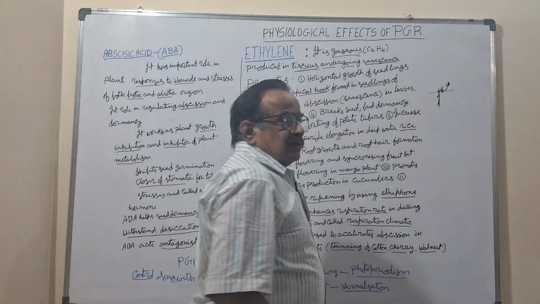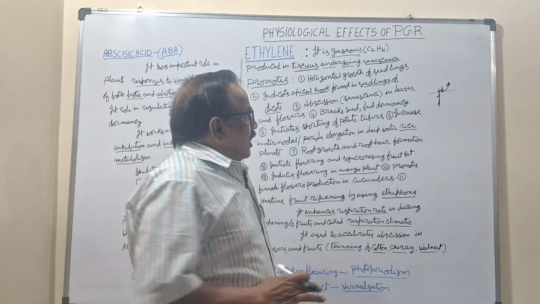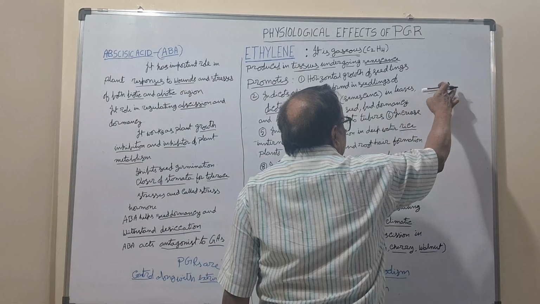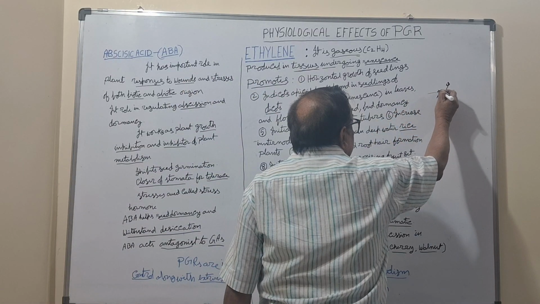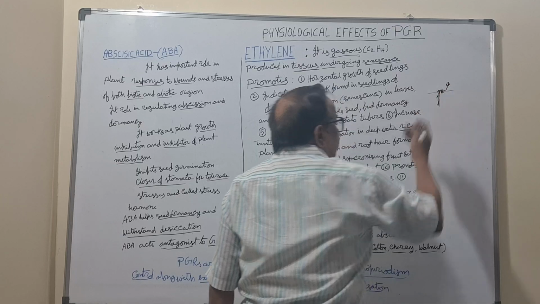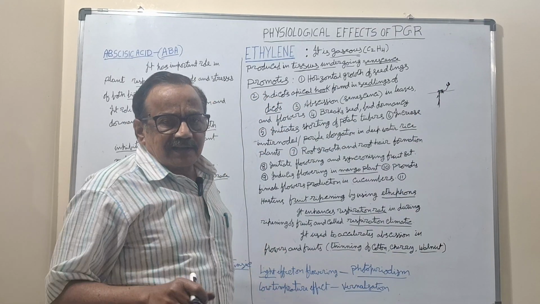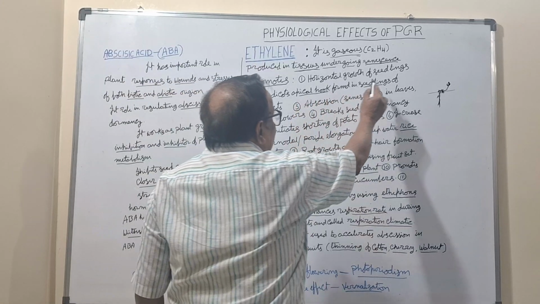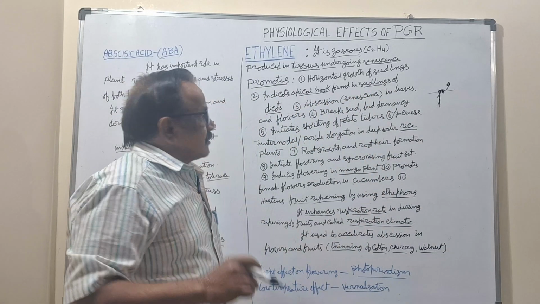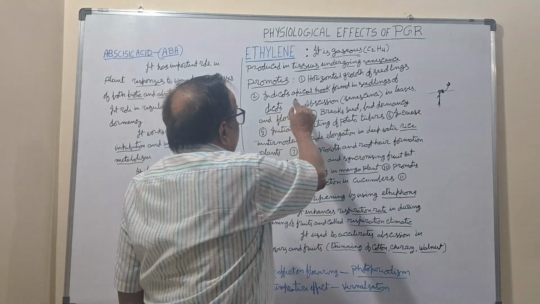Otherwise it also gives adventitious roots here and absorbs more water. Such an advantage is there, that is called horizontal growth of the seedlings.